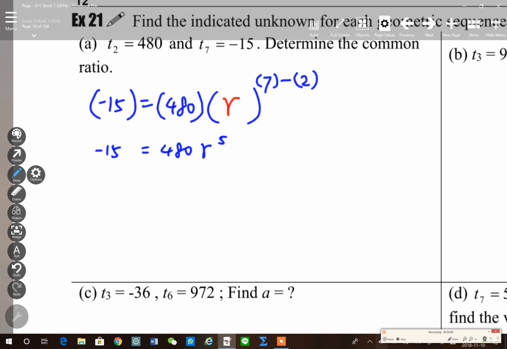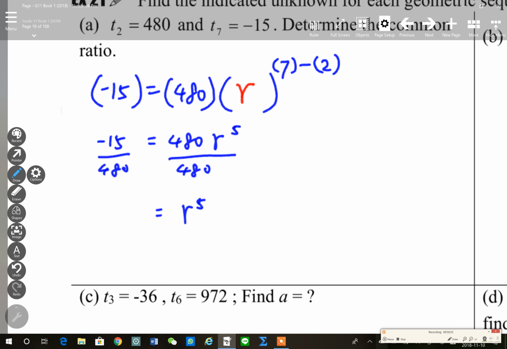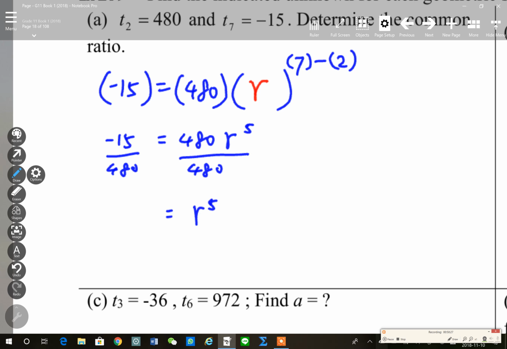What do we do to find R? By isolating it. Yeah, both sides divide by 480. Simplify it. Don't use decimals, reduce the fractions.